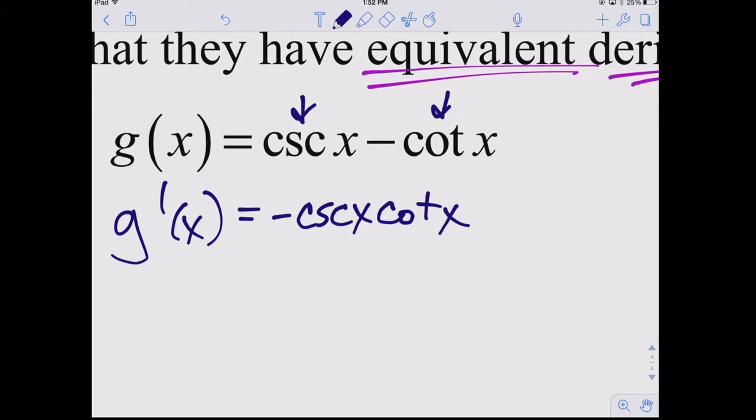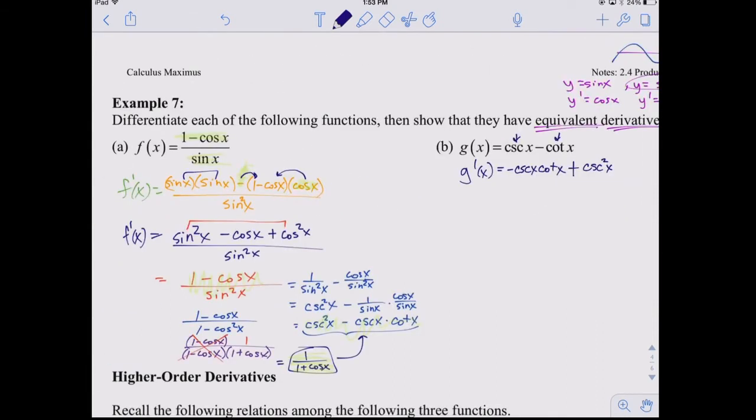And then minus the derivative of cotangent, which is negative cosecant squared. So what happens when we have a negative times a negative? It becomes positive. So we have positive cosecant squared of x. Now, all we have to do is show that that is equivalent to the derivative of this.